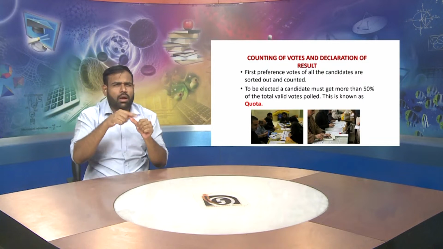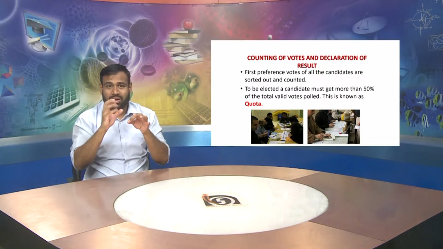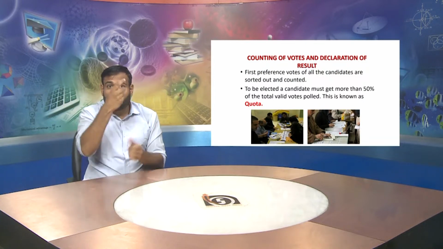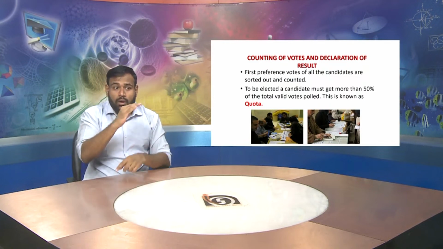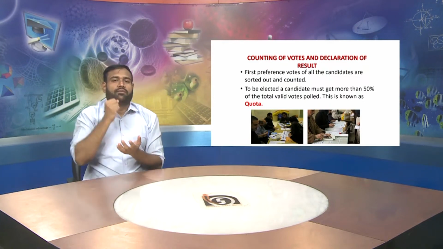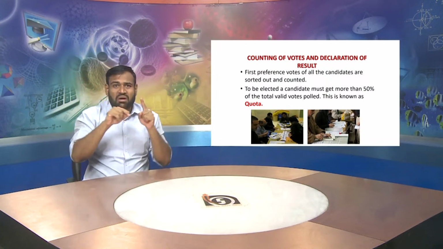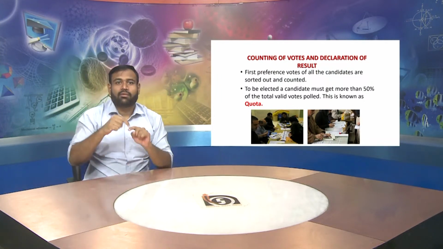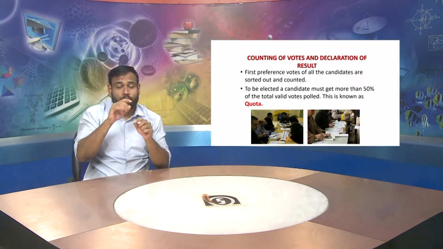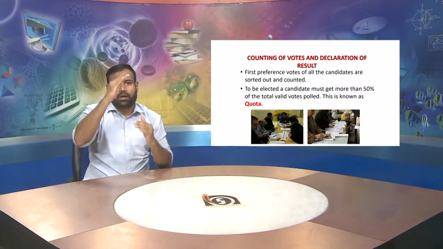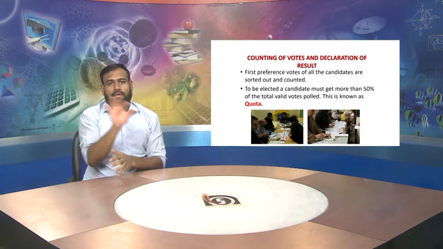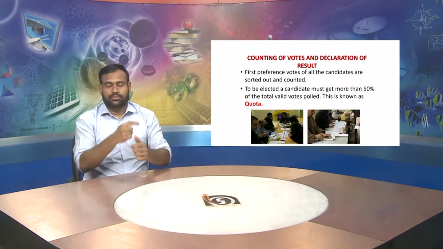You can see this word in red color. We will explain and understand this in further slides. If it is less than 50%, then it is ignored, and if it is more than 50%, then this is known as the quota.